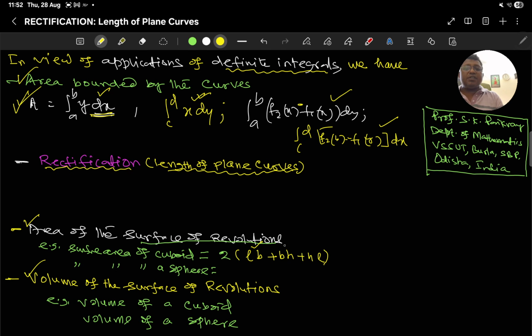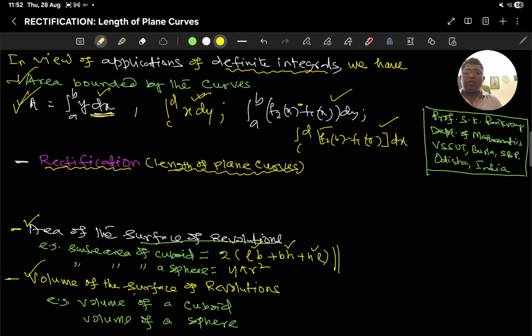Top and bottom face, side faces, front and back faces, in that way. And similarly the surface area of a sphere is given by 4 pi r square, right? We will discuss later on.